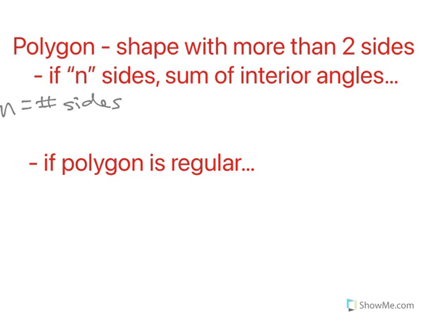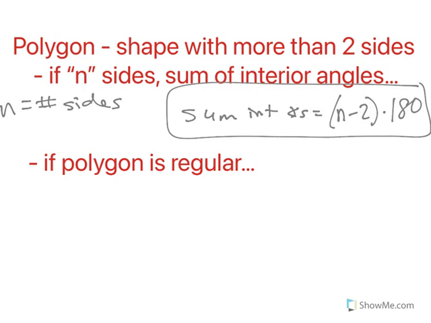So the sum of the interior angles, remember sum means if we add them all together, can be found by taking n minus 2 times 180, where n is the number of sides. Like in a triangle, n would be 3, so we would plug in 3, subtract 2, and then take that answer and multiply by 180. So that is one formula we're going to use today.